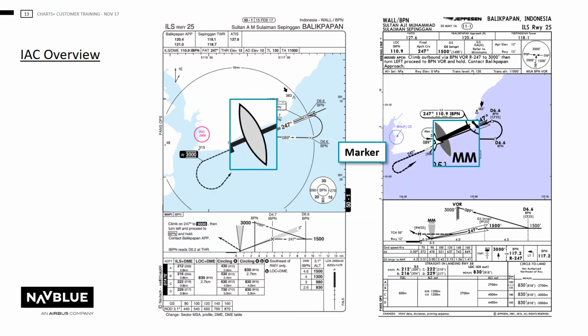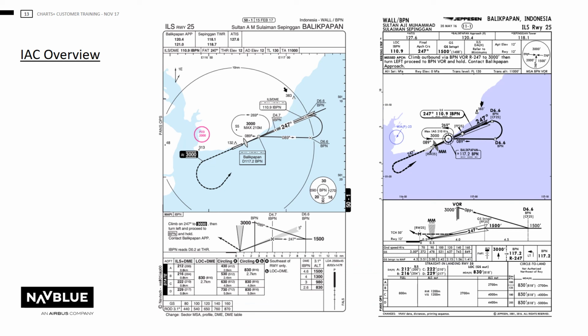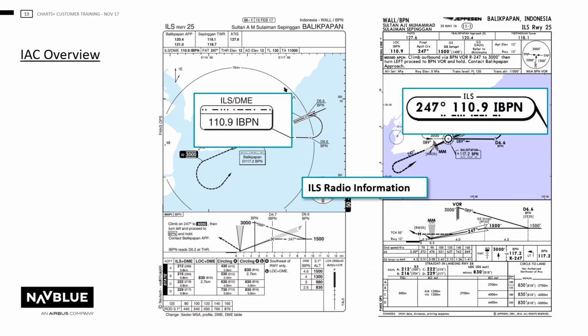NavBlue will only show the symbol for the marker. NavBlue will not label the middle marker or inner marker. The ILS radio information box with a leader line that will be pointing to the localizer beam.